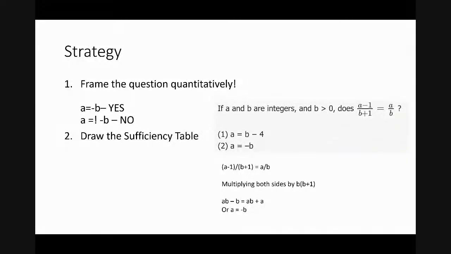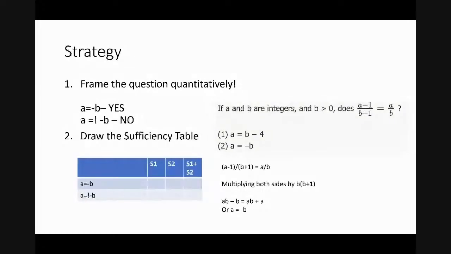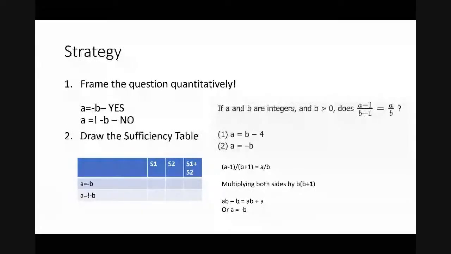Okay, so then I'm going to proceed as usual. I'm going to draw the sufficiency table, right? So my two conditions in this case are a equals minus b and a is not equal to minus b. All right, awesome. So now the first statement that I have is a equals b minus 4.